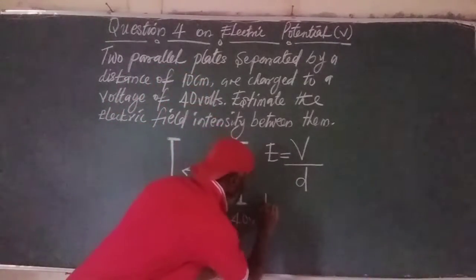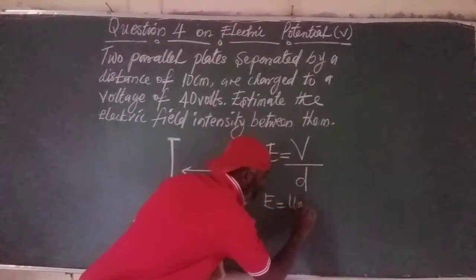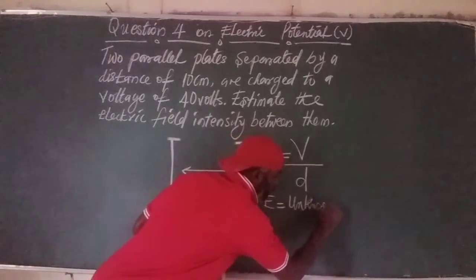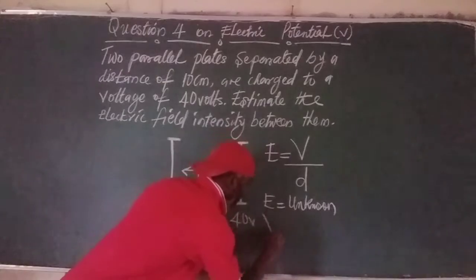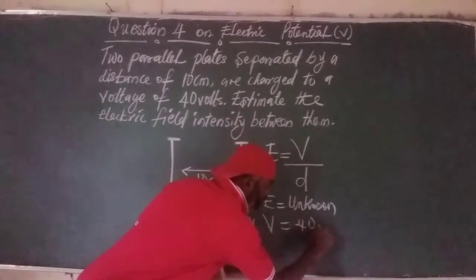E is unknown, and V is known as 40 volts.